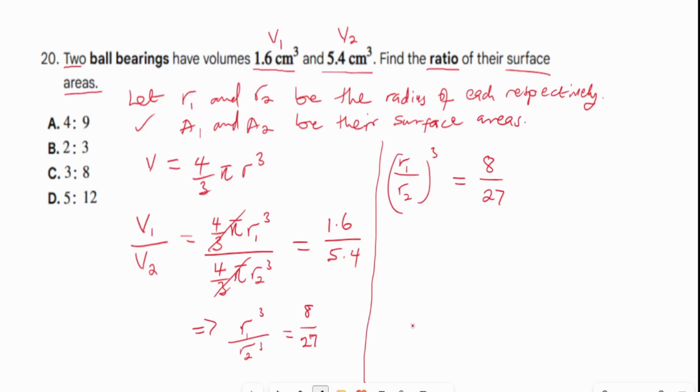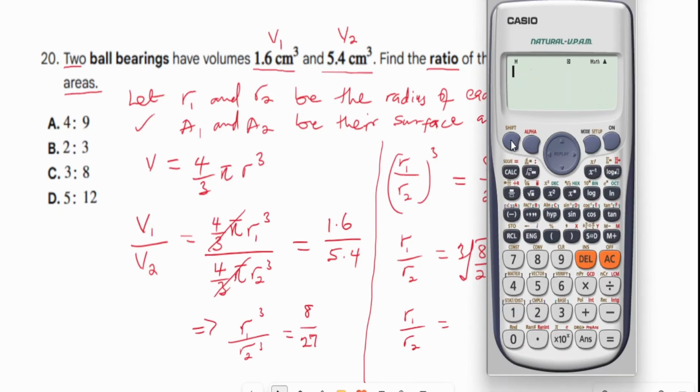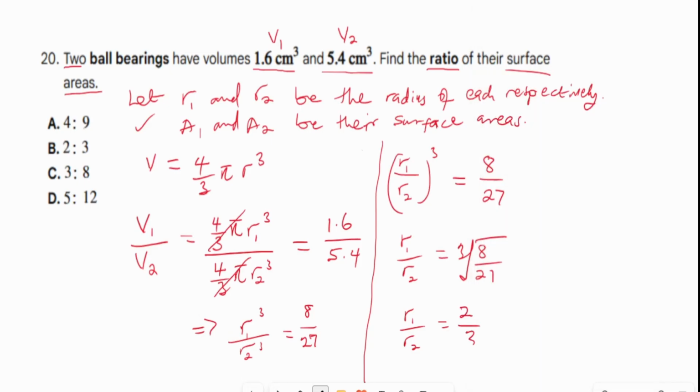I'm taking the cube root of both sides. R1 over R2 will be equal to the cube root of 8 over 27. So I go to shift and I use this one. I put 3 in there and I bring fraction 8 over 27, and that equals 2 over 3. So that is 2 over 3.